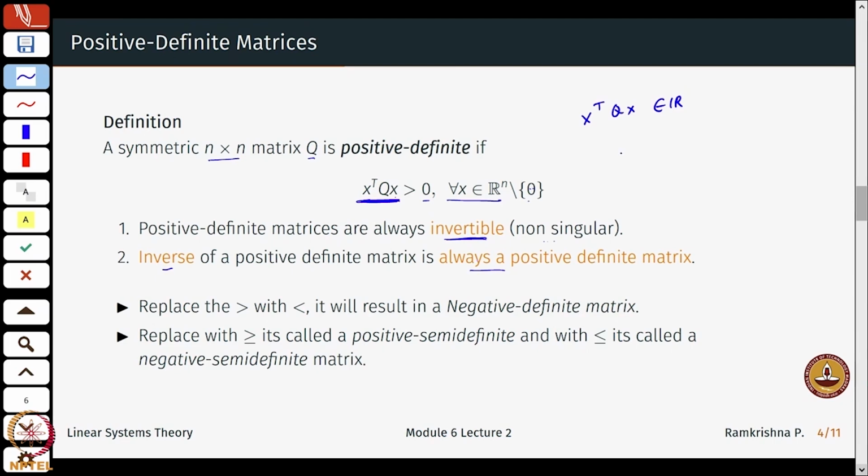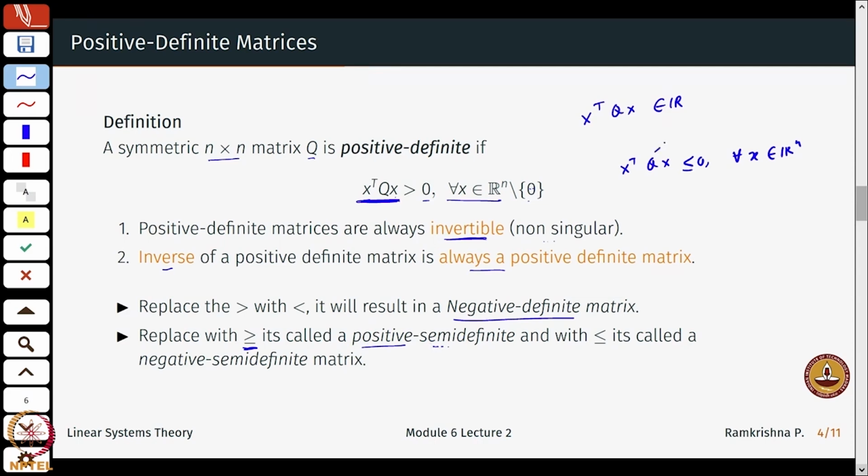If I instead write x transpose Q x less than 0 for all nonzero x in R^n, this defines a negative definite matrix. And if instead of the strict greater than sign I replace it by greater than or equal to, it will be called a positive semi definite matrix, and with less than or equal to, a negative semi definite matrix.